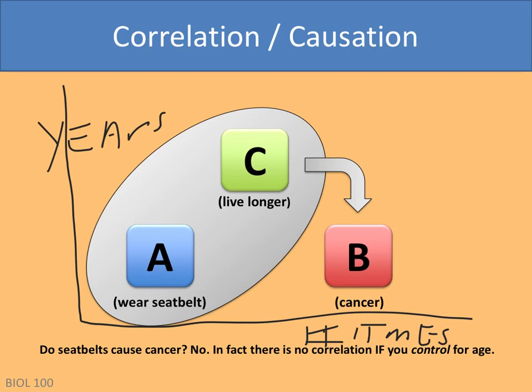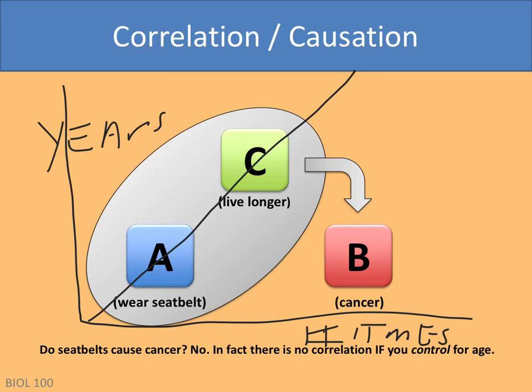And you can actually see that seatbelt and living longer is correlated, okay? In fact, we can say that probably seatbelts cause you to live longer. We'd have to do an experiment to prove that that's actually the case, but it certainly makes logical explanation.